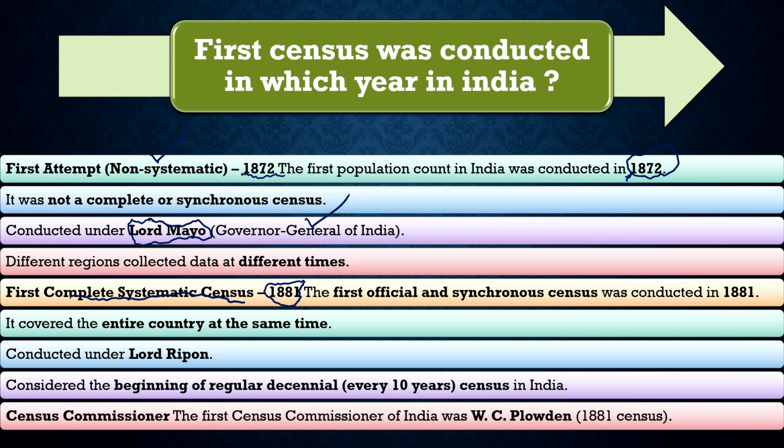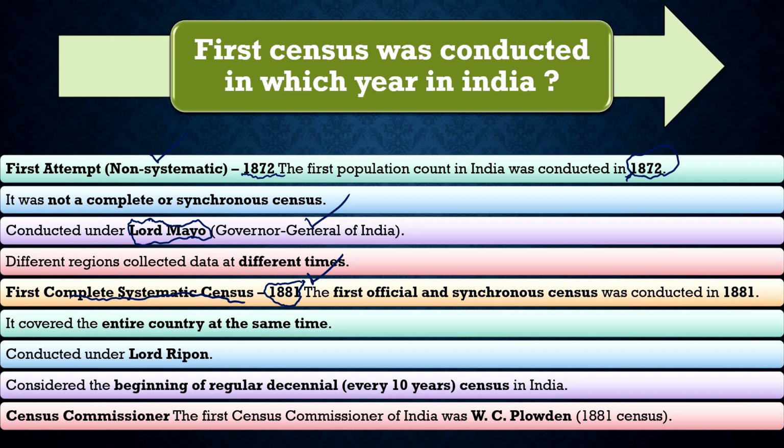And the first official and synchronous census was conducted in the year 1881, and it covered the entire country at the same time. Not exactly like the earlier one. The earlier one was conducted at different regions and at different times, and this time it was conducted in the entire country at the same time.